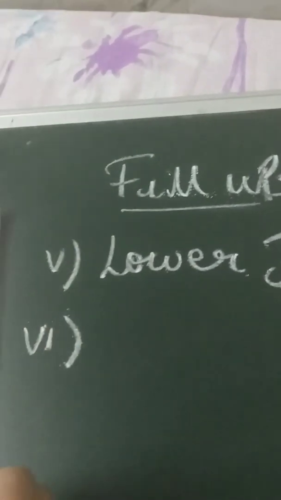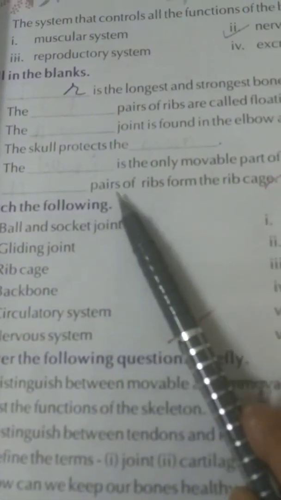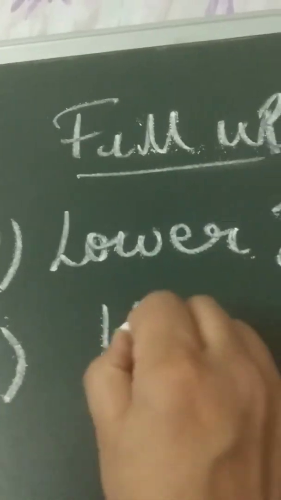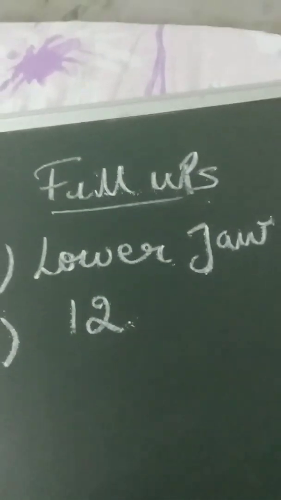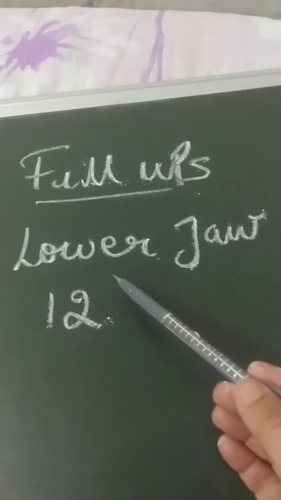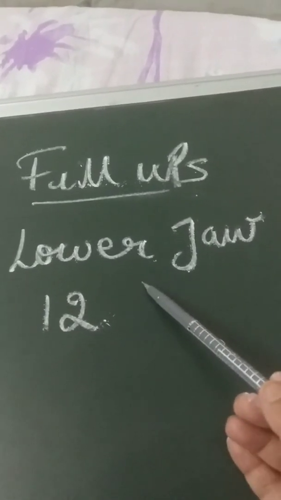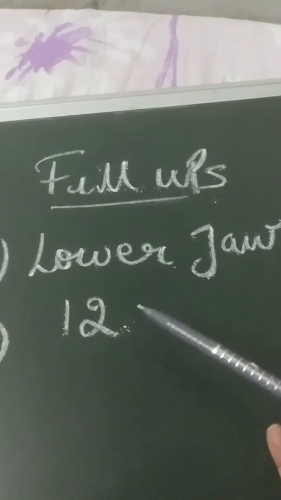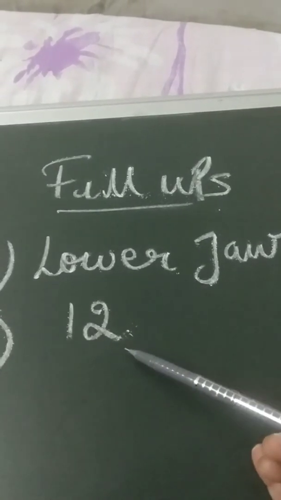Sixth, the dash pairs of ribs form the rib cage. 12. Fifth and sixth answers, lower jaw and 12. Lower jaw, the dash is the only movable part of the skull. Lower jaw. Dash pairs of ribs form the rib cage. 12.